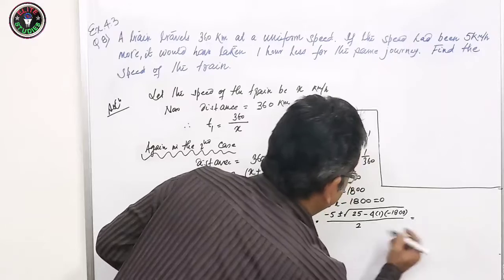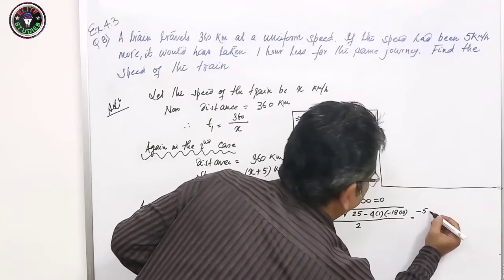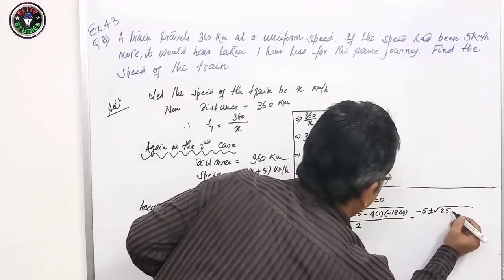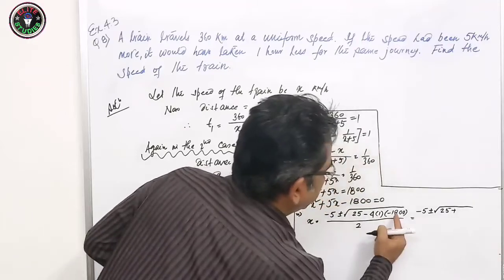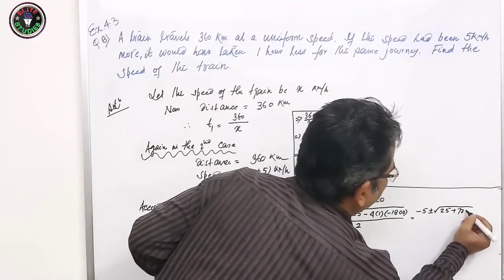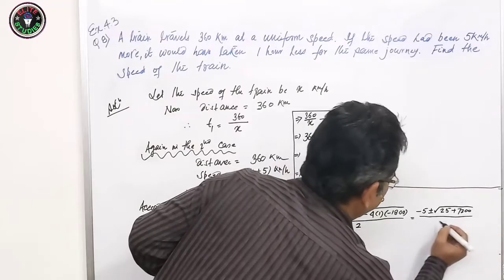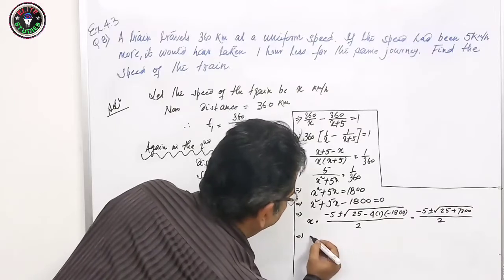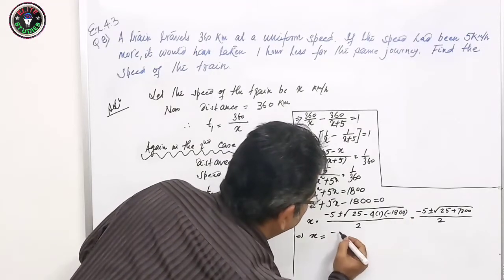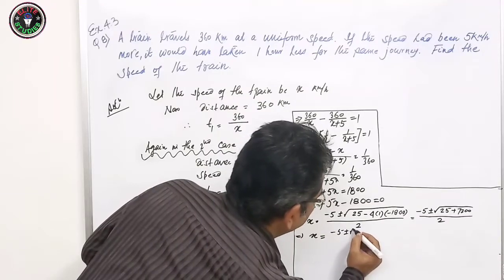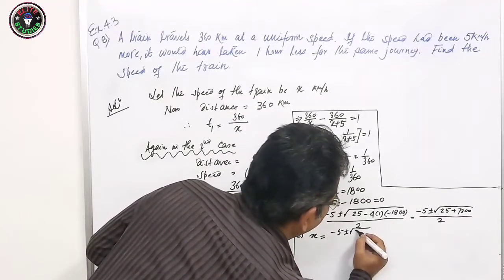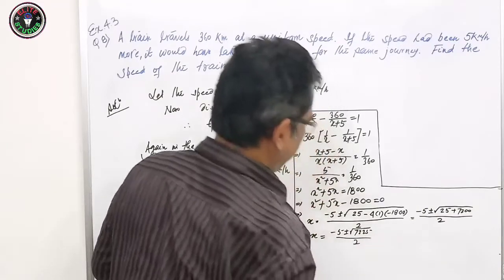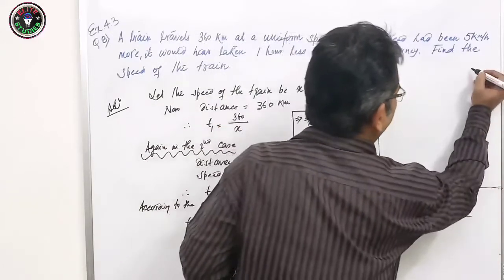So this will give us minus 5 plus minus root over 25 plus 7200, by 2. So x is equal to minus 5 plus minus root over 7225 by 2.